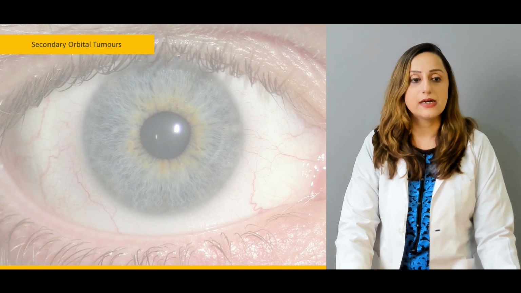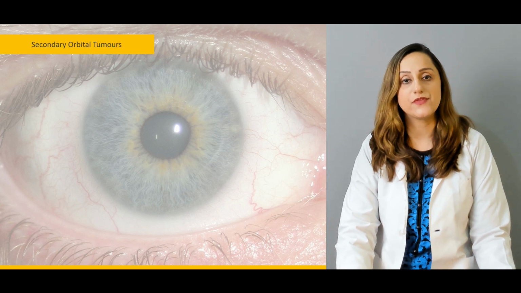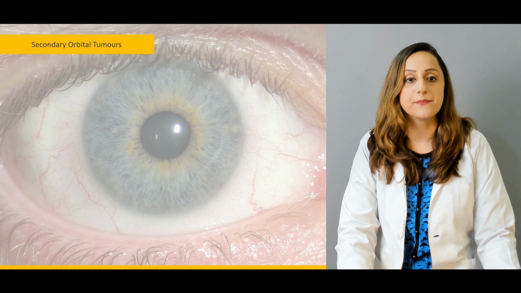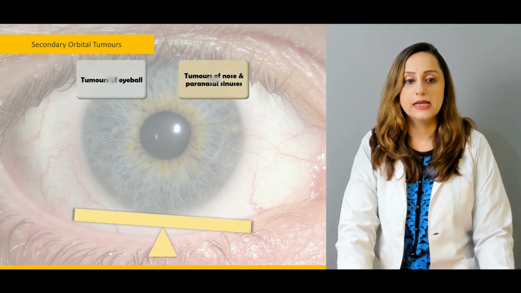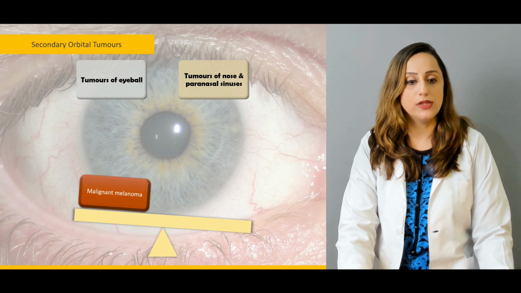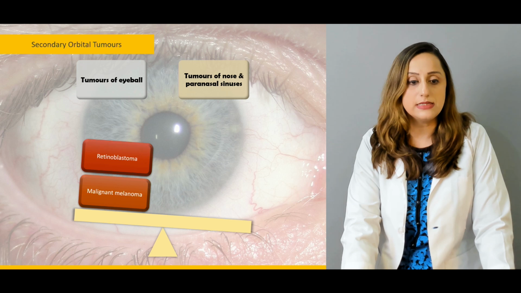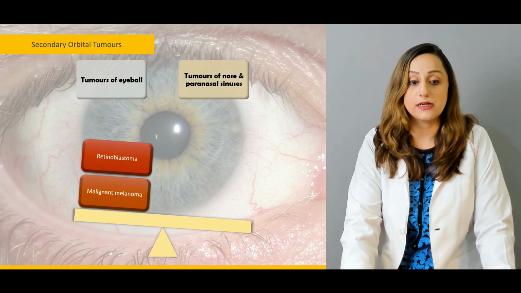Once we have discussed the primary orbital tumors, we have another group, or a broader classification, known as the secondary orbital tumors. We have the tumors of the eyeball, which basically involve the malignant melanomas. We have the retinoblastomas involving the retina.